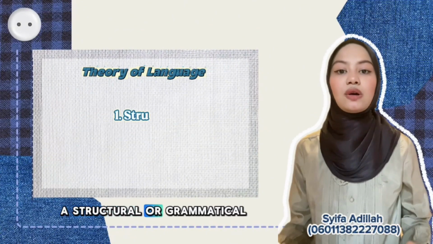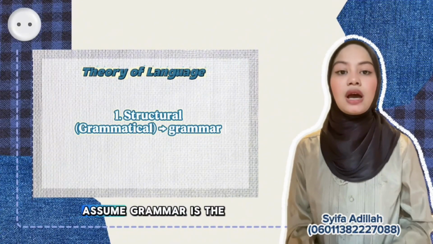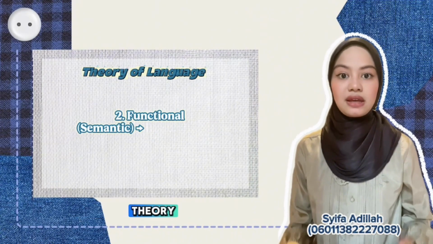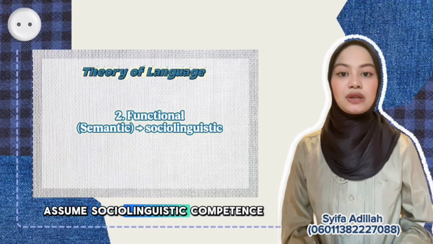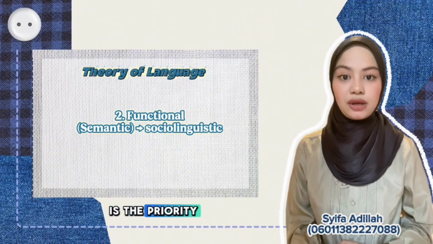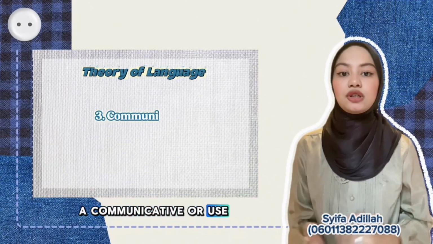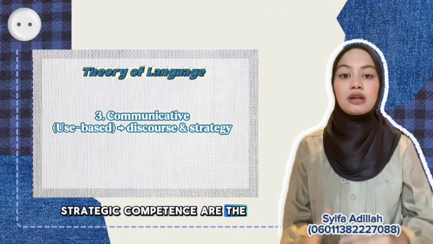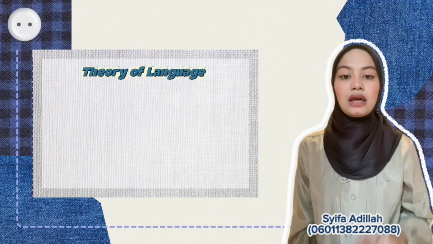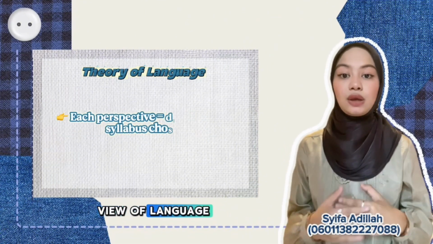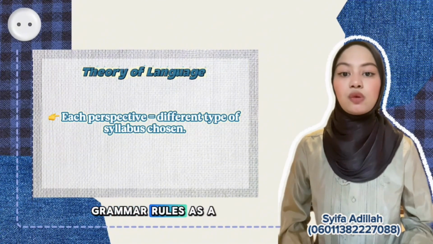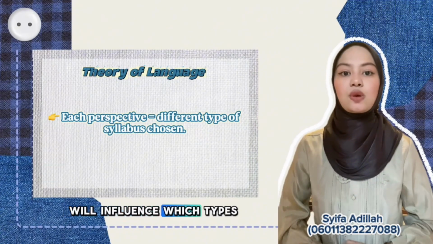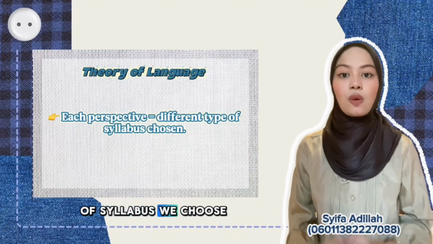A structural or grammatical theory assumes grammar is the most important. A functional or semantic theory assumes sociolinguistic competence is the priority. A communicative or use-based theory assumes that discourse and strategic competence are the most important. This means that our view of language, whether we see mainly grammar rules, a set of functions, or a tool for communication, will influence which types of syllabus we choose.